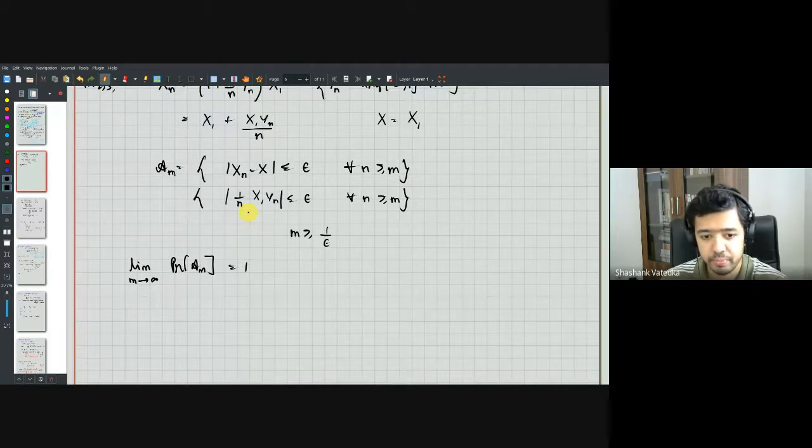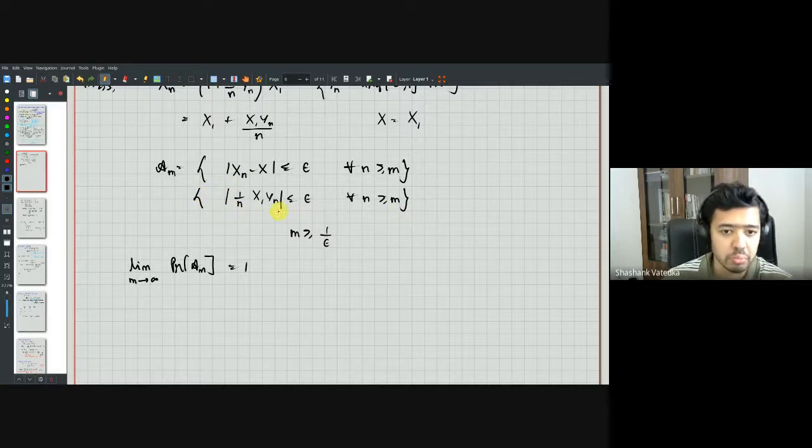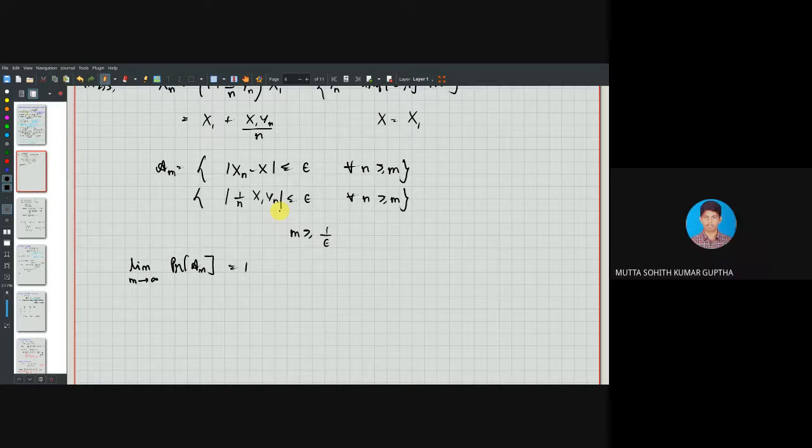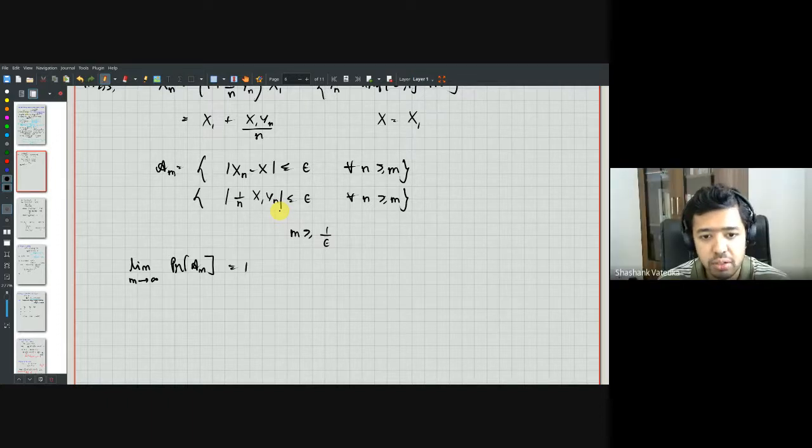So I'm going to take a guess. Just look at this sequence of events. Do you think this event will surely happen for large enough m, or won't it? It will happen, right? Because X1 and Yn are both less than or equal to 1, and you have a 1/n sitting over here.